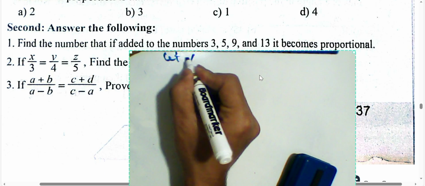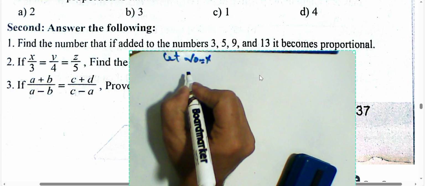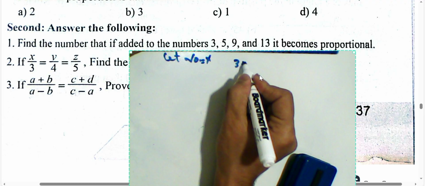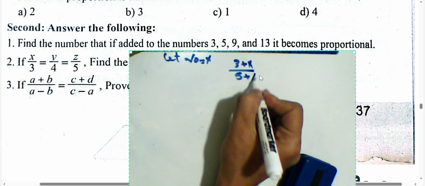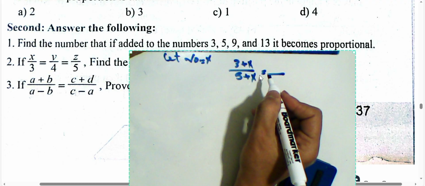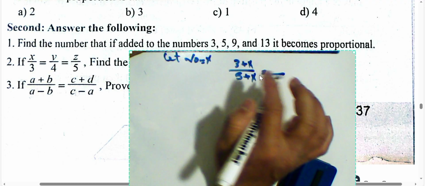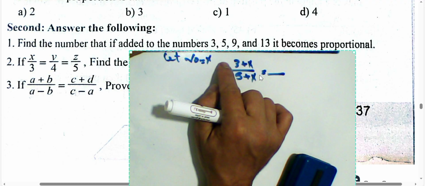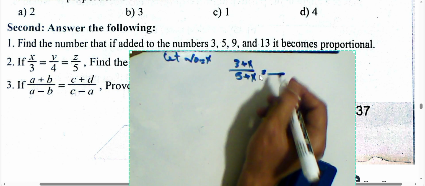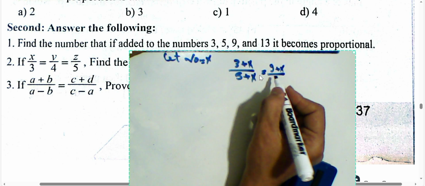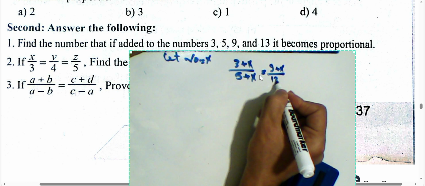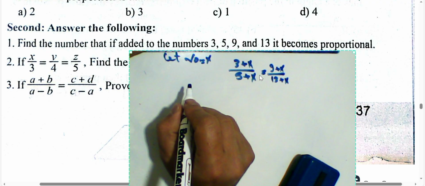Let the number equal x. Then 3 plus x over 5 plus x equals 9 plus x over 13 plus x.